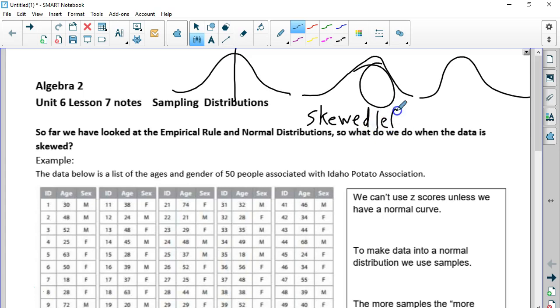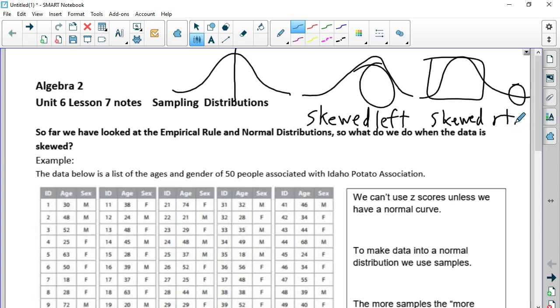It's kind of opposite the way some people think, but if most of the data was good, but some of the grades were lower, that's pulling the average down. And if most of your data is down here, but there's some data up here, it's pulling the average up, or to the right. So this one is skewed right. Just a quick reminder. Okay, so that's what we're going to talk about now.